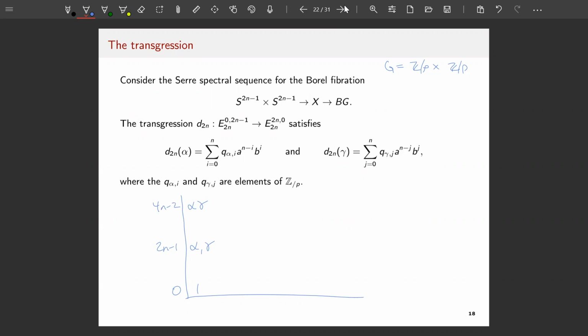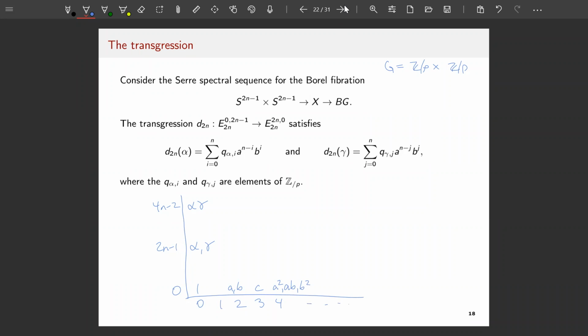And then you end up with an alpha gamma up in 4n minus 2. Z_P cross Z_P is interesting. It has 2 generators in degree 2, A and B, and it has a generator in degree 3, which I'm going to call C. And then they combine in ways like this. So in 4, we have an A squared, an AB, a B squared. In 5, you multiply C by each of those, and it sort of keeps going.